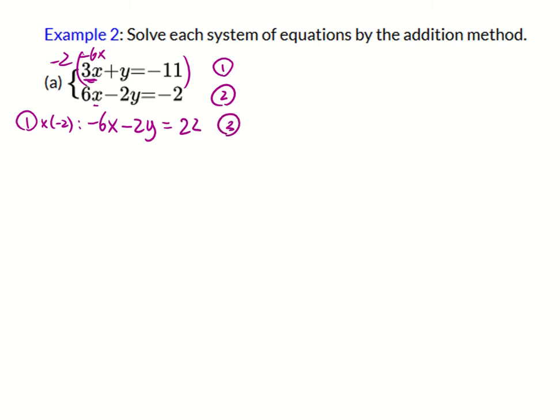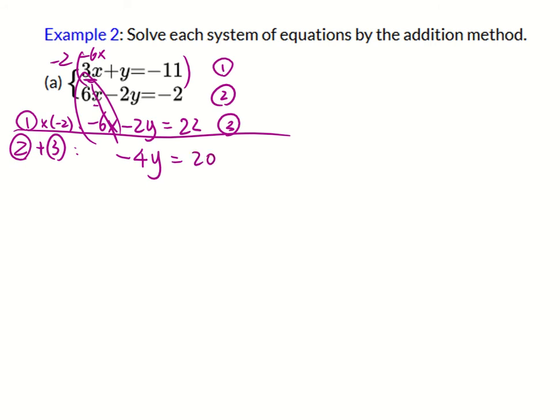All right, let me add up equation 2 and equation 3 so that the x terms will be gone. So 6x plus negative 6x, the x terms are gone. Negative 2y plus negative 2y will give you negative 4y equals negative 2 plus 22, that's 20.